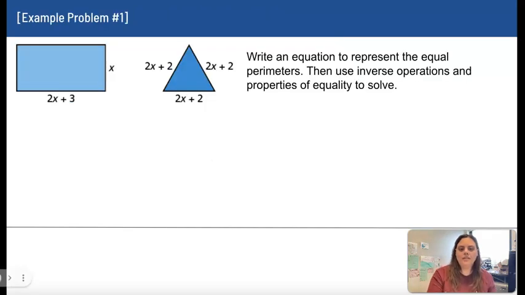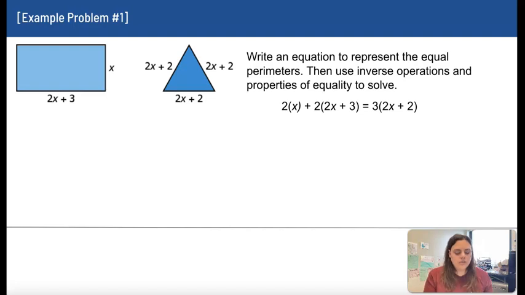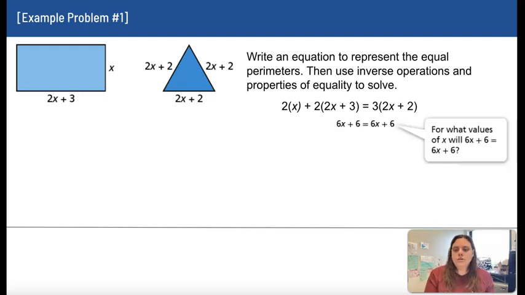So here we have our problems, and we're going to write the equation to represent them, then use inverse operations and properties of equality to solve. So again, here are those two equations that I have in your notes that you are going to start solving. We are going to first start by distributing and combining like terms.